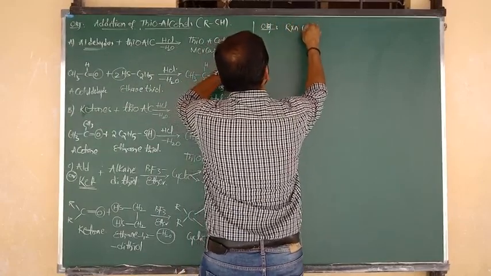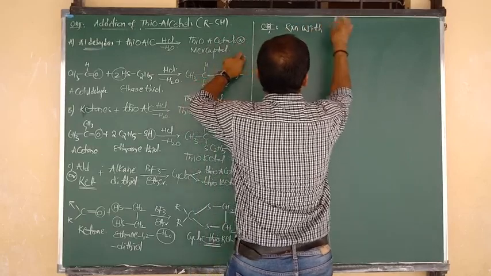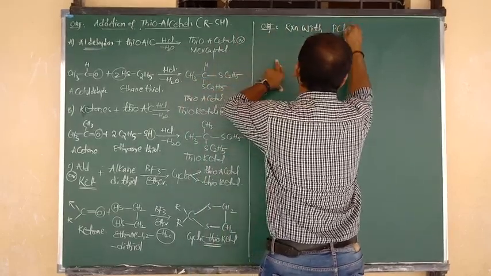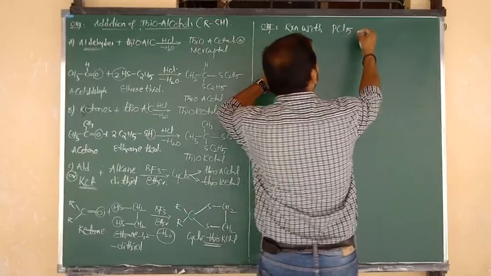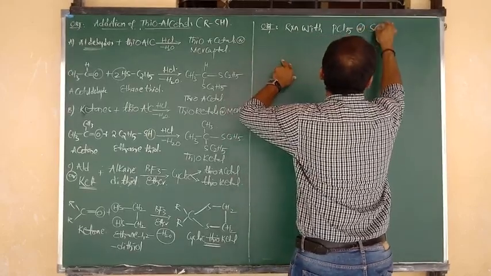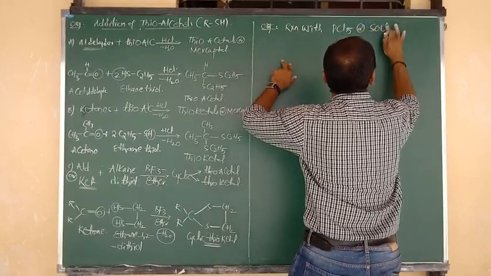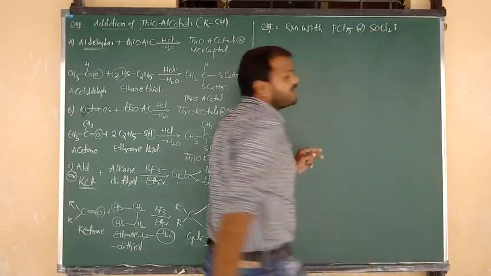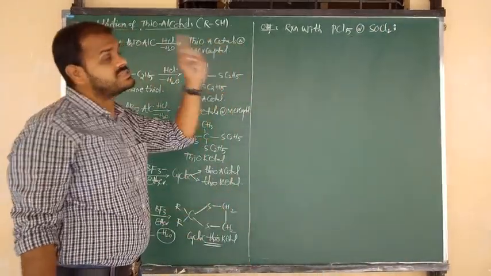Reaction with phosphorus pentachloride, PCl5, or thionyl chloride, SOCl2. What is the name of this compound? Thionyl chloride, SOCl2.